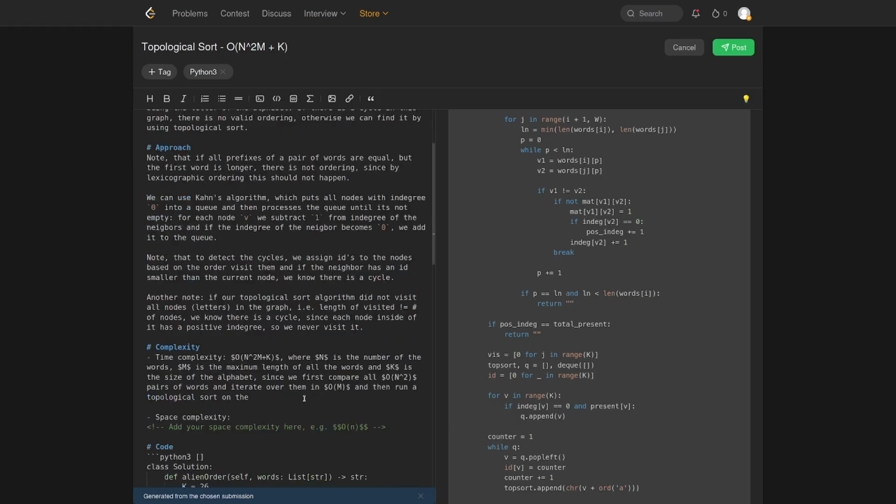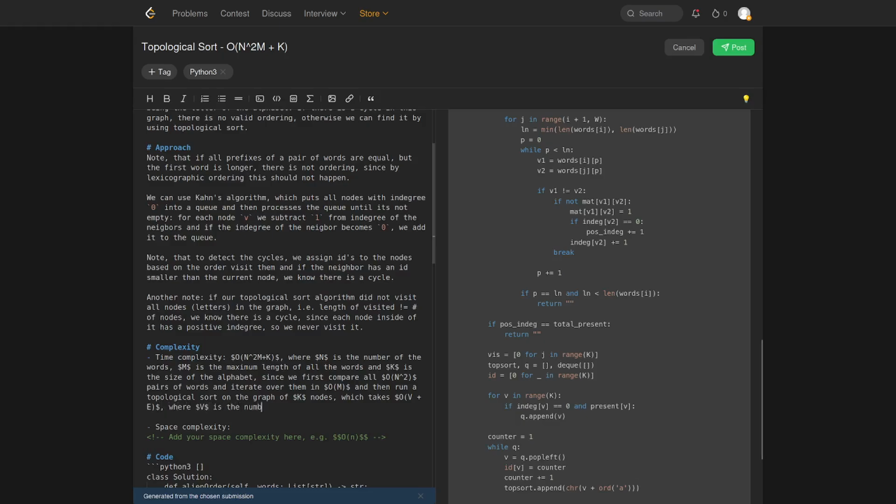Okay, so back to here, and then run a topological sort on the graph of k nodes, which takes O of v plus e, where v is the number of vertices. And I mean, technically, could there be k squared? I mean, there could be. So this is k squared, because technically we could.